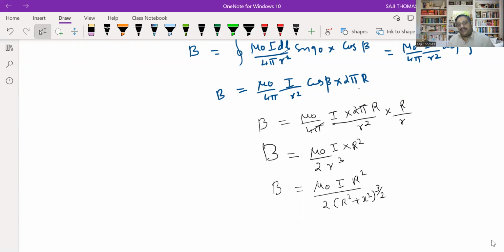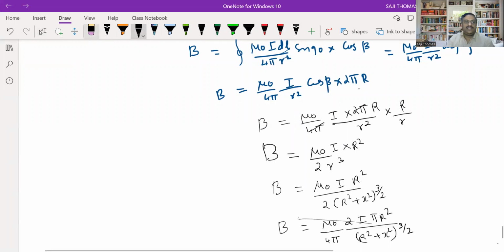If you want, we can modify this in this way: mu 0 by 4 pi multiplied by 2 pi in the numerator, 2 I pi r square divided by r square plus x square, the whole raised to 3 by 2.